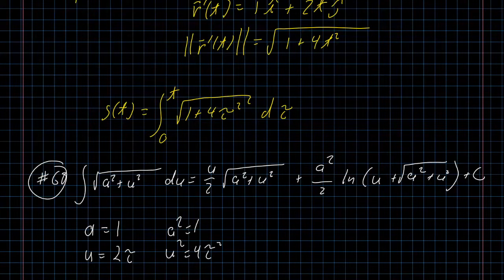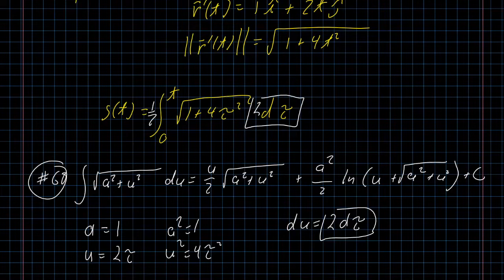But then, of course, if u is 2 times tau, then du is going to be 2 d tau. So we have to deal with that by putting a factor of 1/2 out here and a factor of 2 in there. And now I have the 2 d tau that I need to make my substitution.